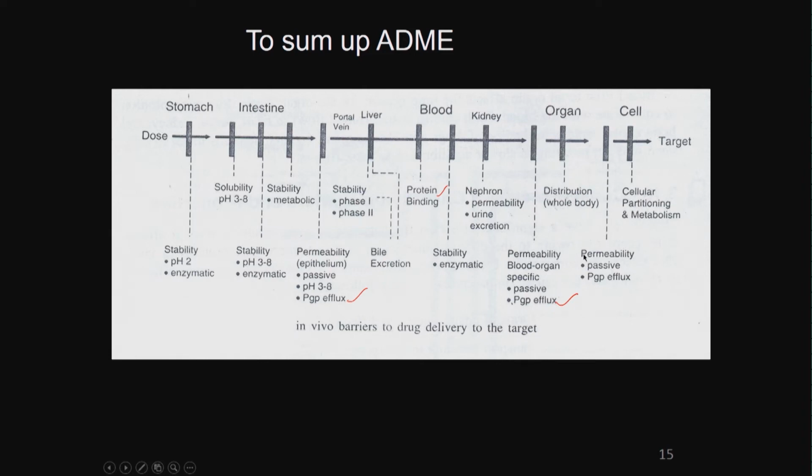And then again we have the permeability, then cellular partitioning. If the drug is going in the presence of cells, there could be partitioning of the drug, metabolism happening, and finally reaching the target site. So a lot of steps before the drug reaches the target sites and exhibits bioactivity.